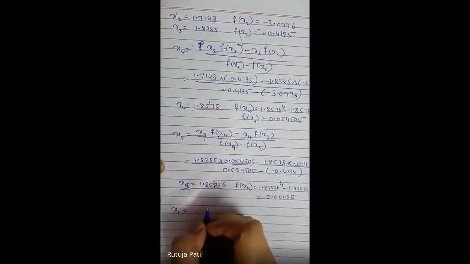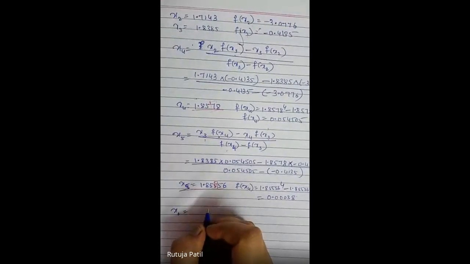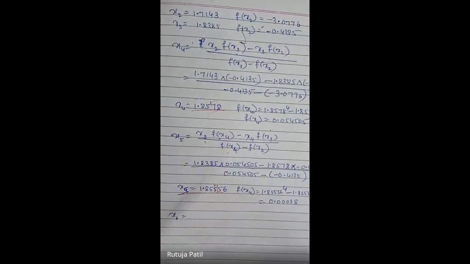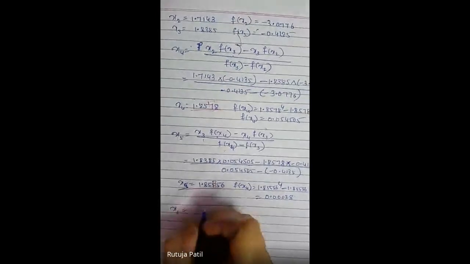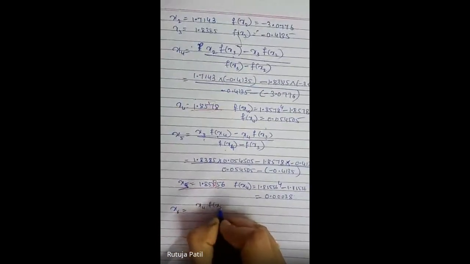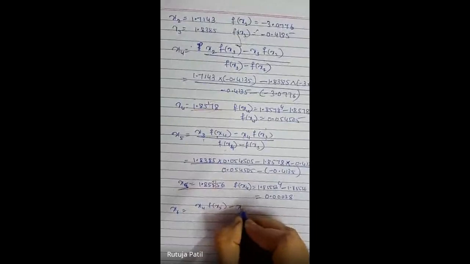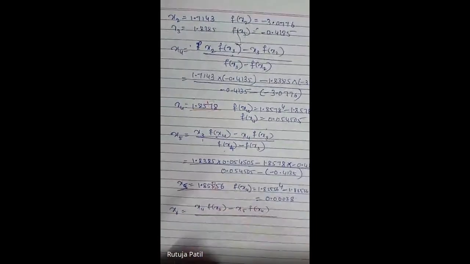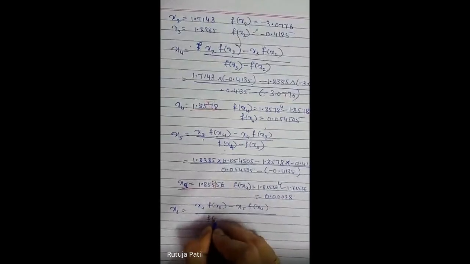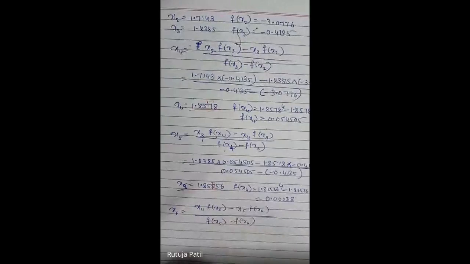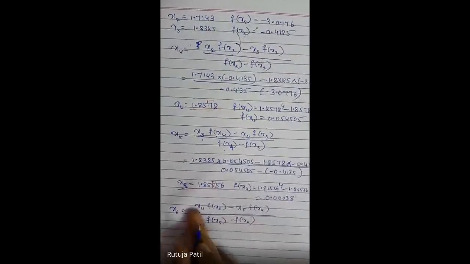Okay, so to find the value of x6, that is the next approximate root value of the equation, x6 is x4 f of x5 minus x5 f of x4 divided by f of x5 minus f of x4. Just substitute the values.